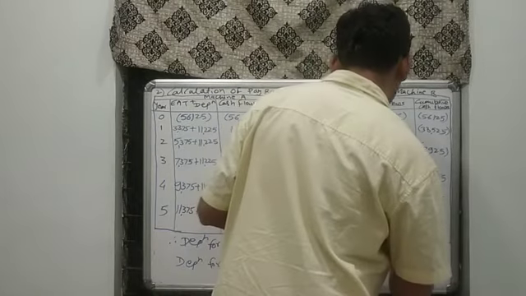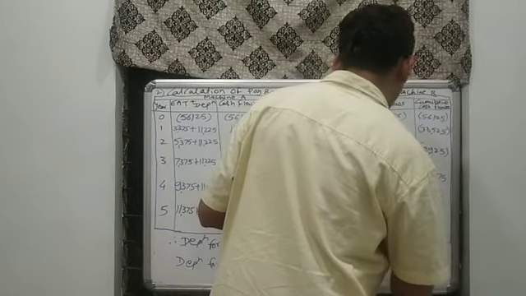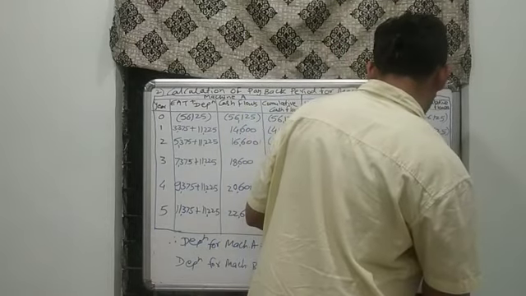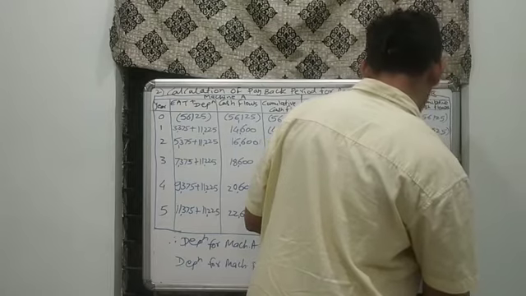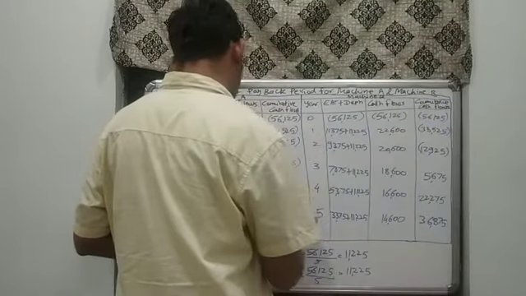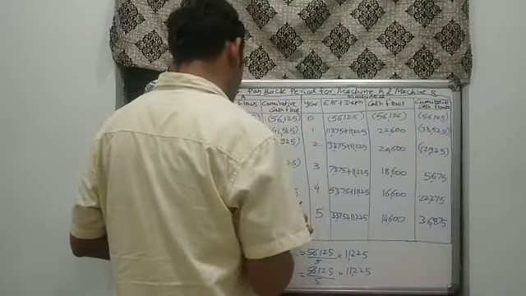Total was 14,600. Add it up, it would be 36,875. At the end the total cash flows for both the machines would be the same. Now we have to calculate the payback period for both the machines.